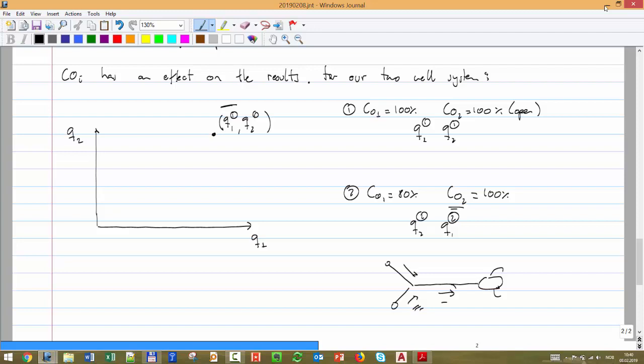It's easier for the other well to flow. So if you're going to plot that, Q1 should be reduced, Q1 should go in that direction, and Q2 should be increased. So the point might be someplace here. Point 2. I'm just going to put 2 to avoid too many indicators.